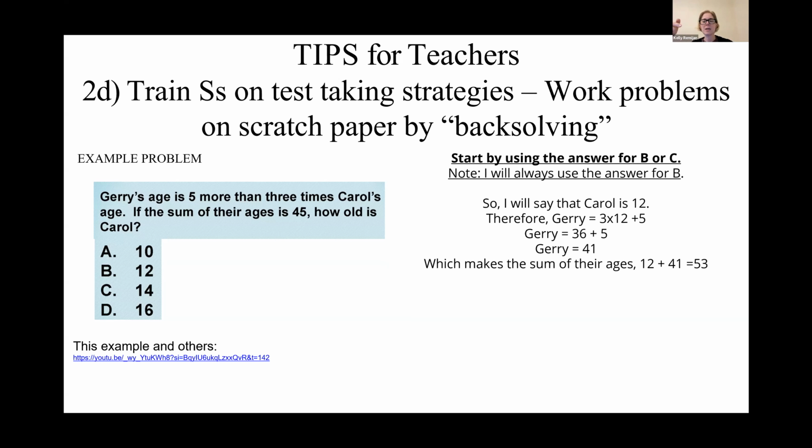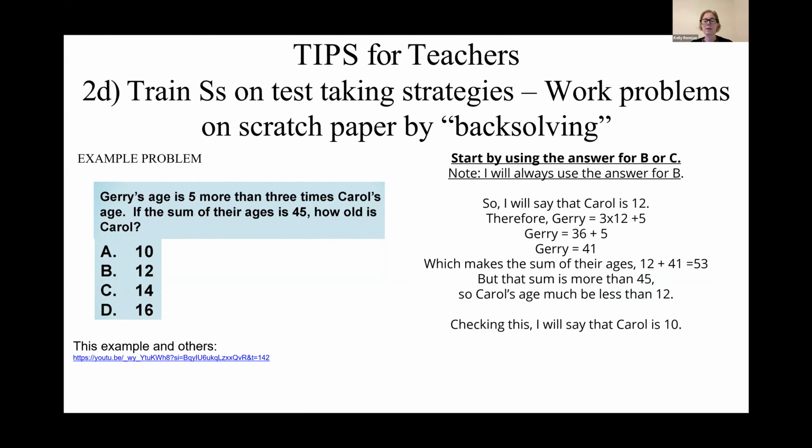So what that tells me is, since I originally selected 12 and that gave me a sum greater than 45, my answer has to be less than 12, and the only choice here is 10. So I could just pick choice A. I'm going to show you here that the result ends up being 45. I went through this process, but technically I wouldn't have to.